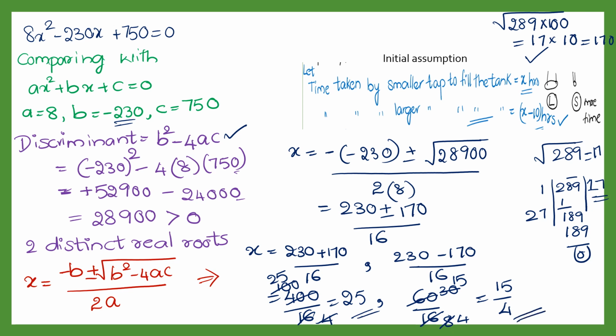What is x? x is the time taken by the smaller tap. So you have two values, 25 and 15 by 4. If we get x, we can find the time taken by the larger tap. It is x minus 10.